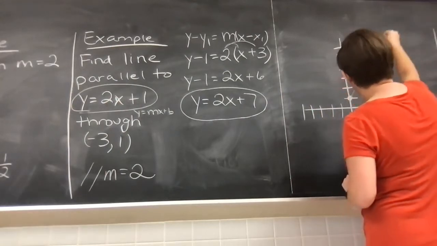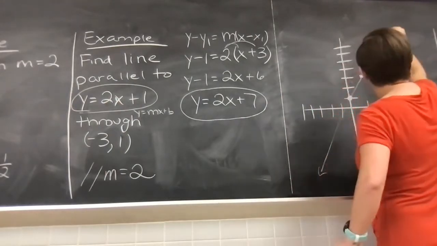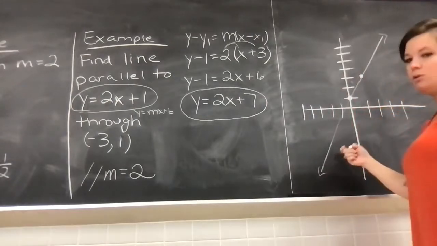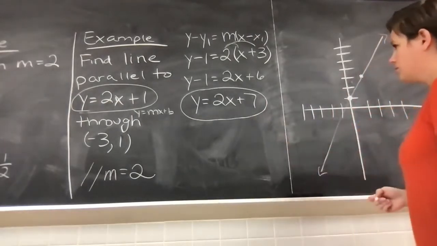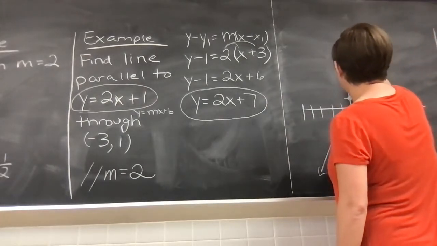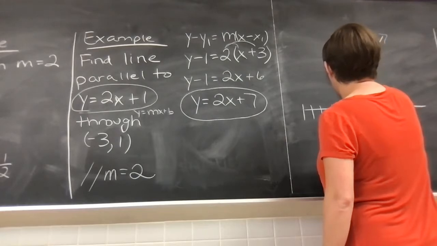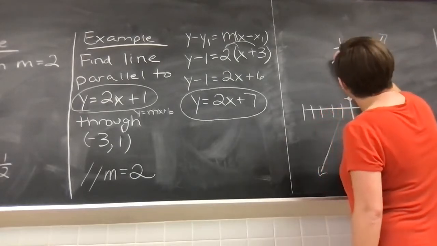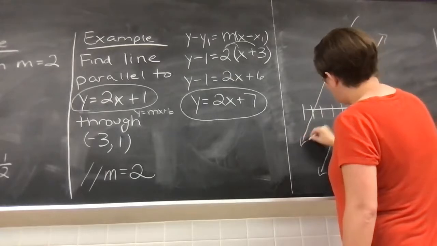Please forgive my maybe less than straight lines as I draw on the board. So this was the original one. Now we have our parallel line, 2x plus 7. So I have 1, 2, 3, 4, 5, 6, 7. Down 2 to the right for my other point.